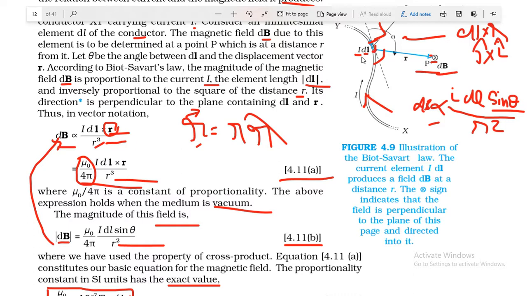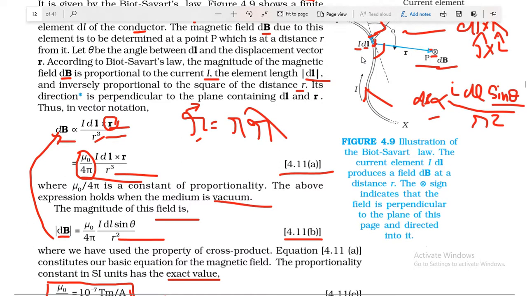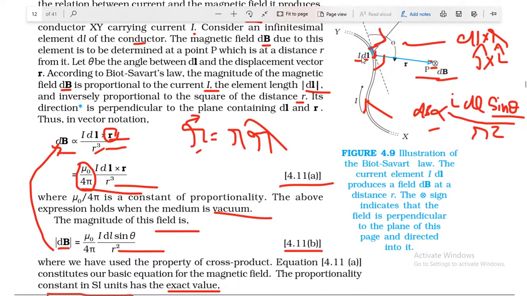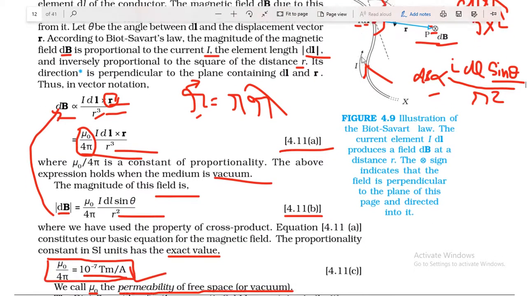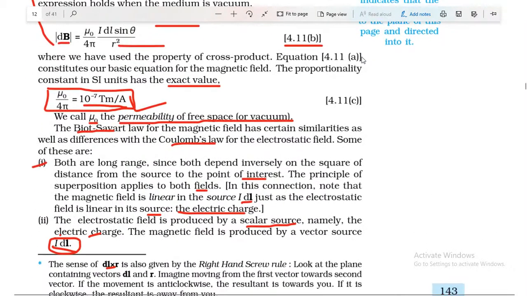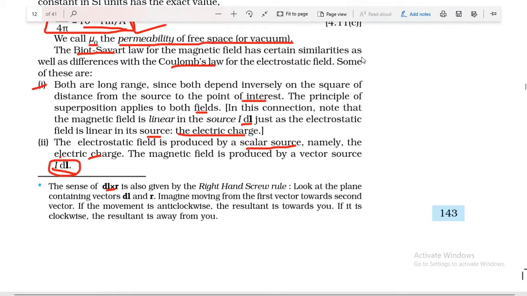By this you can find the direction of the magnetic field. We use the right hand screw rule for finding the direction of the magnetic field.